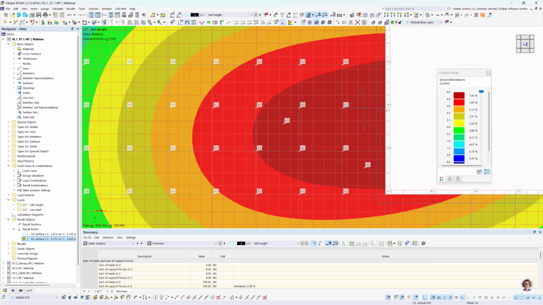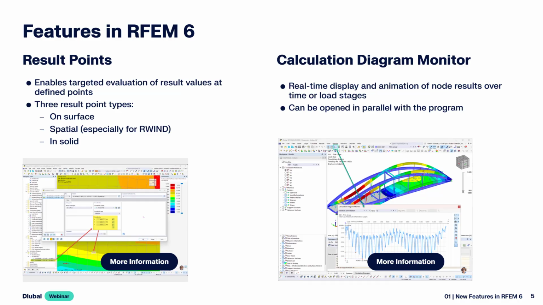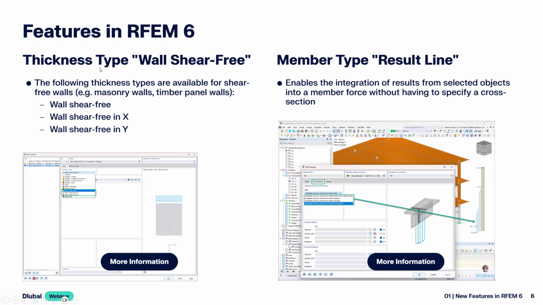We turn to the next feature, back to the PowerPoint. New is the calculation diagram monitor. You can use that, for example, for dynamic analysis or something like that. Then the thickness type wall shear free.